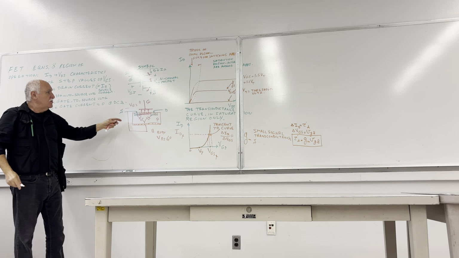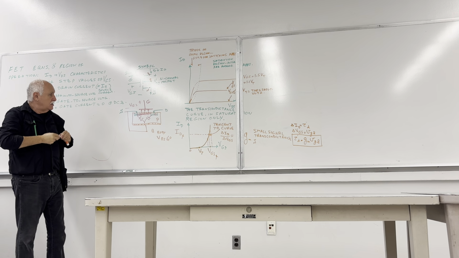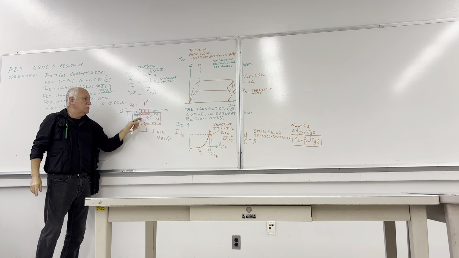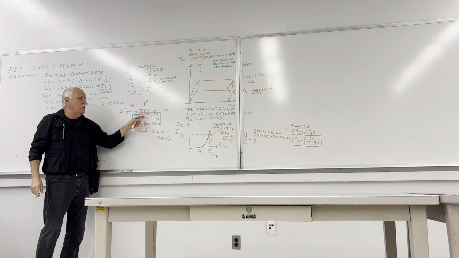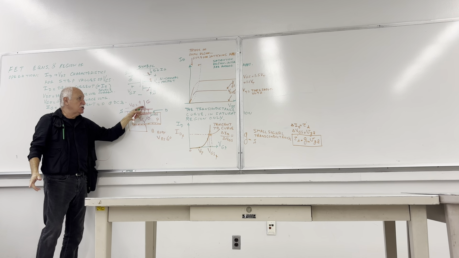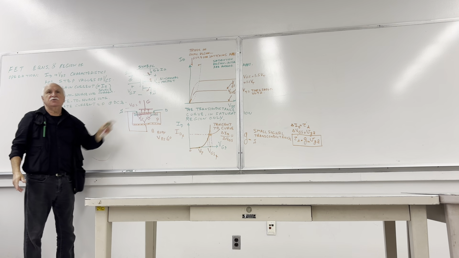Okay, so this is the structure of it, just to remind you. And naturally, because it's a gate insulation, there's no contact between here and here. At high frequency, it is capacitive, because this is a capacitor. DC wise, there will be no current flow through this capacitor.